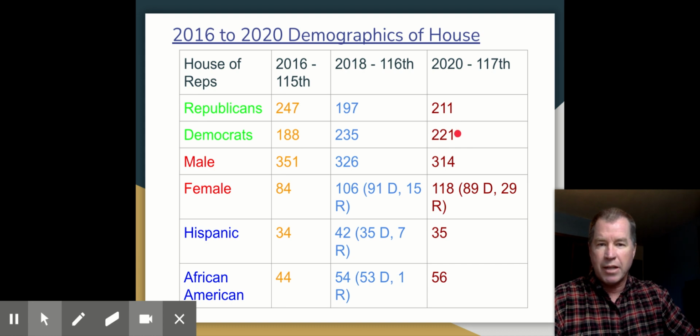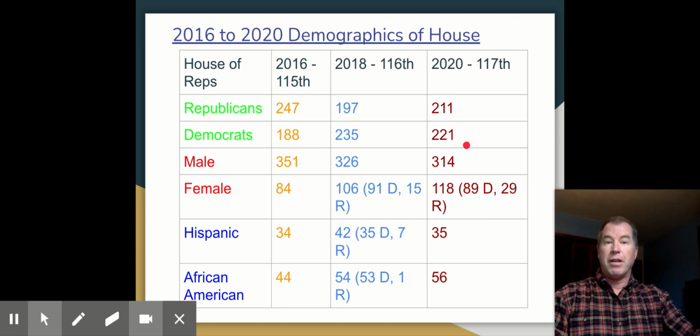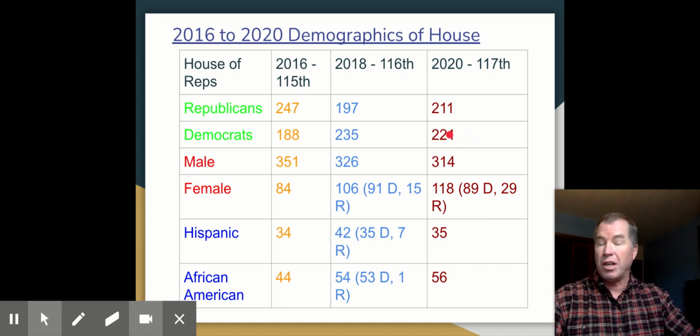I don't know where they'll fall, the Republican side or Democratic side. But it's tight. There's still a Democratic majority, but boy, if any Democrats jump ship on a topic, the Republicans can maybe get what they want. Thus far, there has not been a lot of that. The male-female ratio, you could see 4 years ago, was a lot more males, 351 to 84.